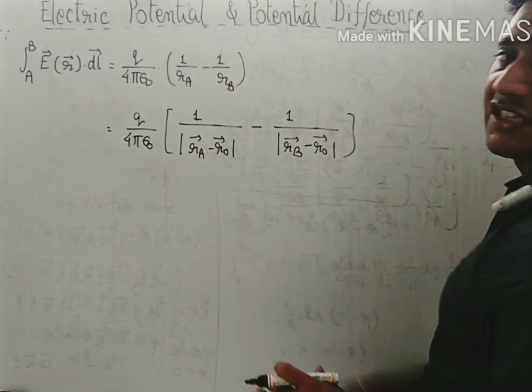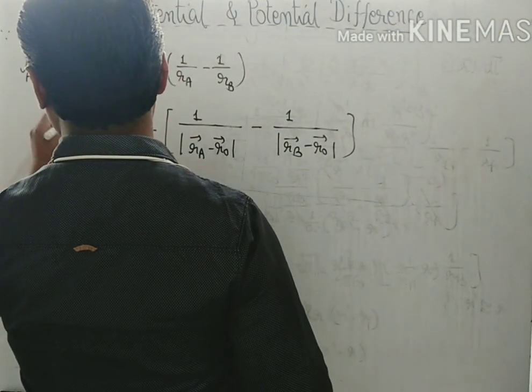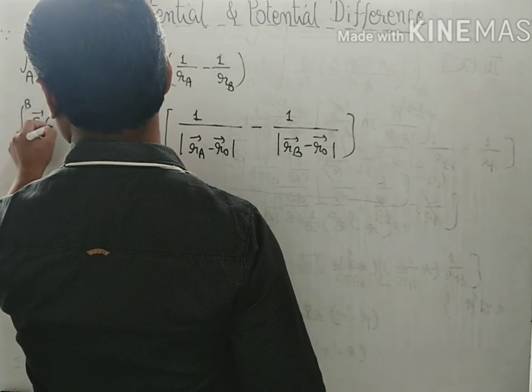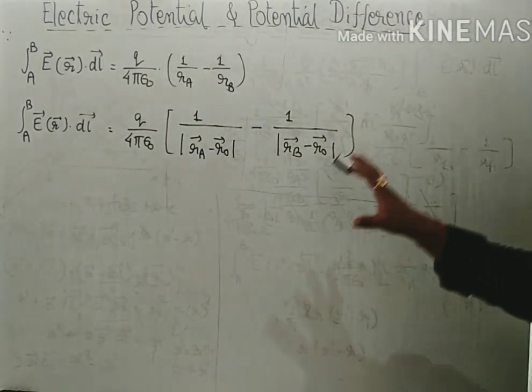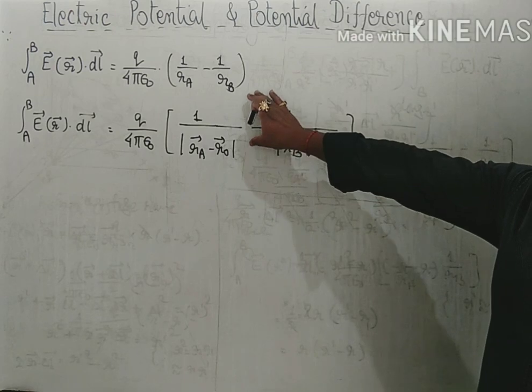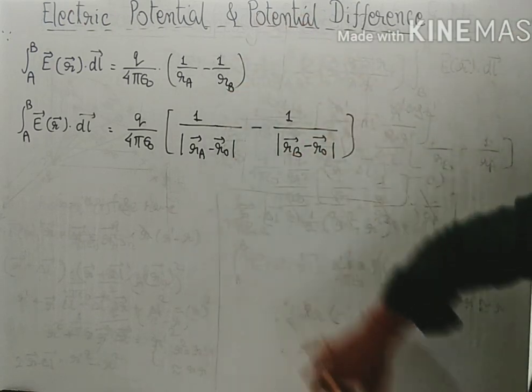This expression is in terms of position vectors. The left hand side remains the same, the integral from A to B of vector E as a function of r dot vector dl. So these are two starting equations with which we are initiating the topic.